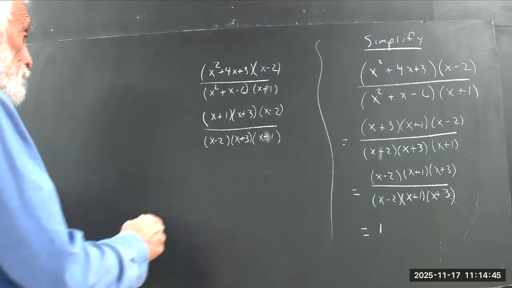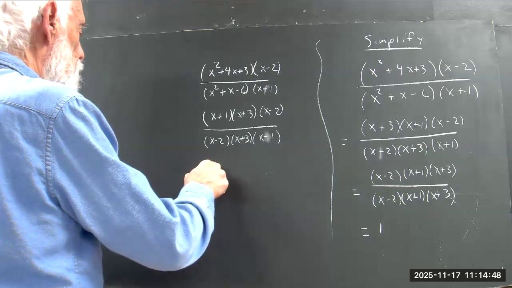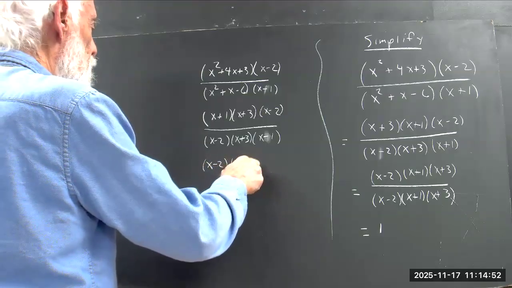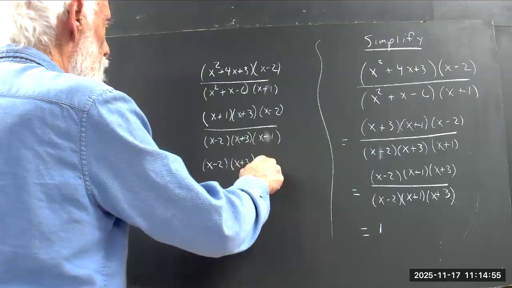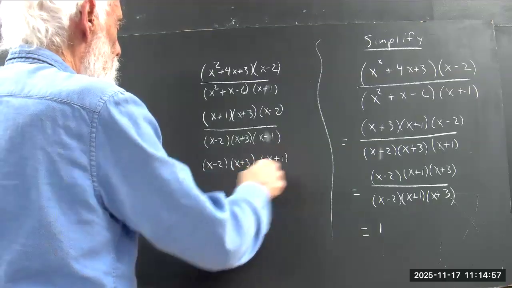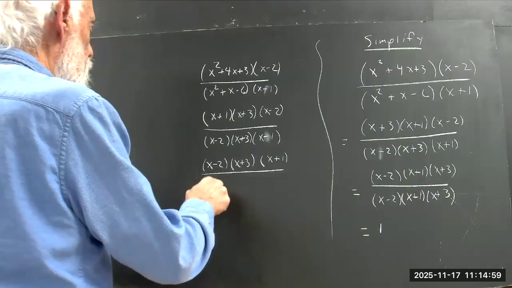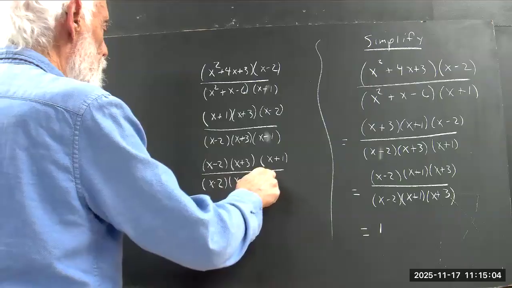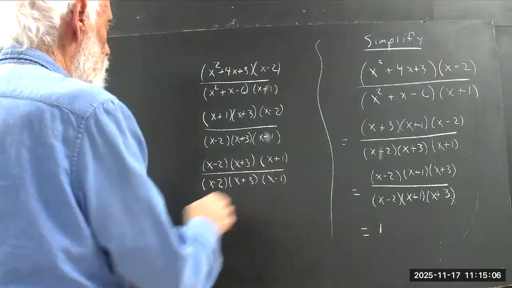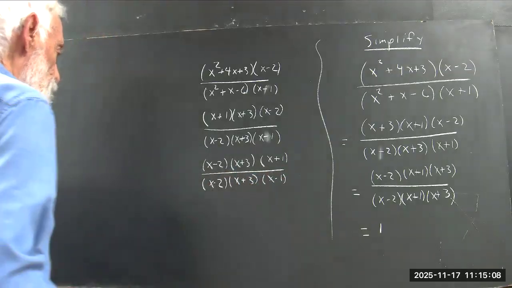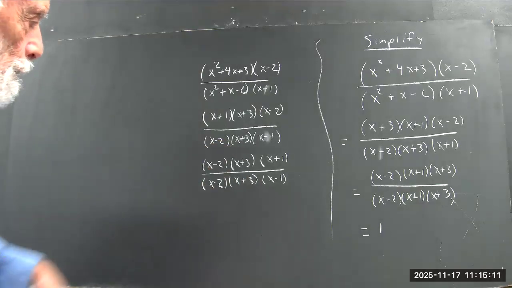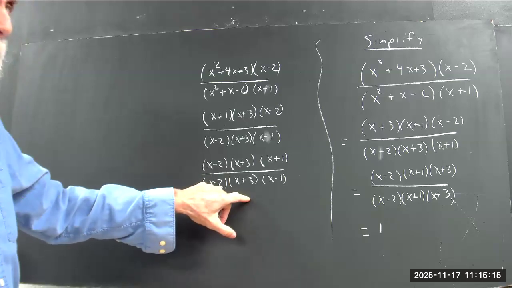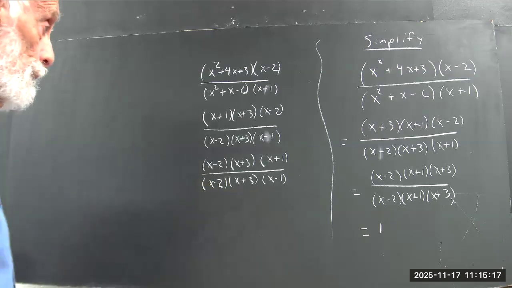Now this could be written as x minus 2 times x plus 3 times x plus 1 divided by x minus 2 times x plus 3 times x minus 1. Then the x minus 2 and the x plus 3 are the same as the x minus 2 and the x plus 3 in the denominator.